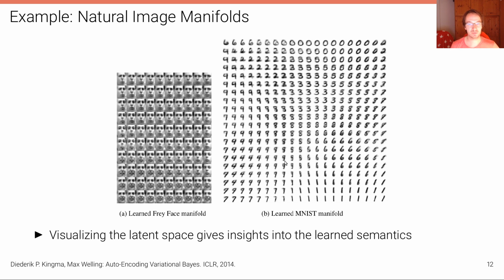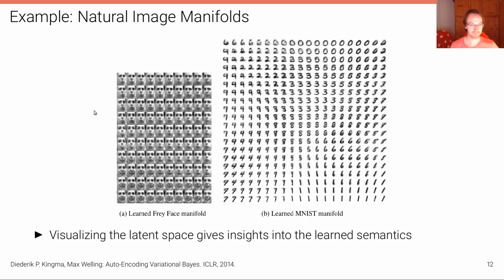So for instance, if we apply such a latent variable model on MNIST, we can see that we can transition here on the x-axis between a 7 and a 1. And then if we transition along the y-axis, we can transition from a 1 to a 2 or a 0. So we have numbers that look similar nearby in that latent space. And this is the structure that I was referring to.